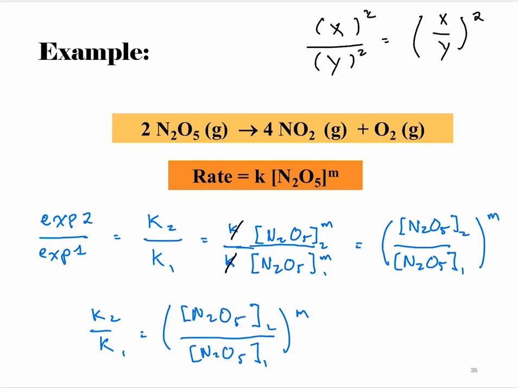Generally, if you want to bring an exponent down, you can take the logarithm of both sides, and that brings the exponent down.